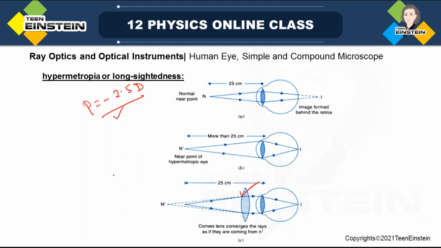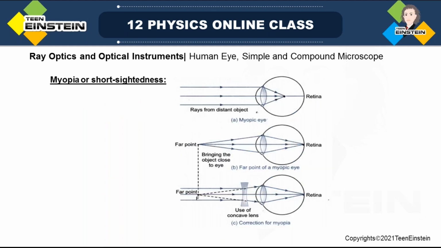Now you have to find out what the far point of the person is without glasses. We know the far point of the defective eye is actually coming near.